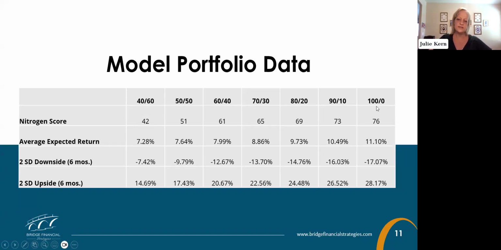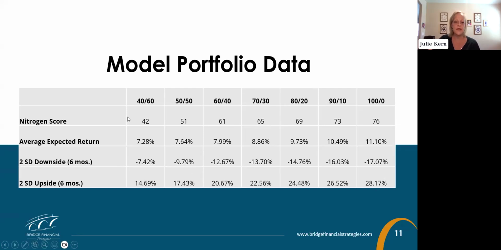So if we go all the way to this end, which is the 100% equity portfolio, that carries a risk score of 76, and the average return would be 11.1. But the range, you can see, is quite a bit wider, as much as negative 17% in 6 months, or as much as a positive 28% in 6 months.